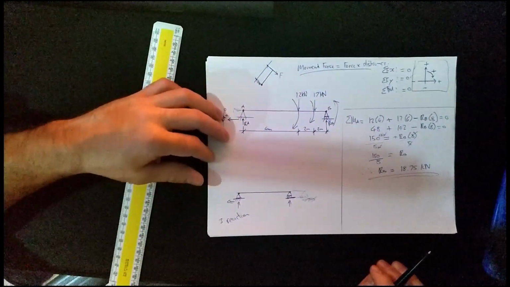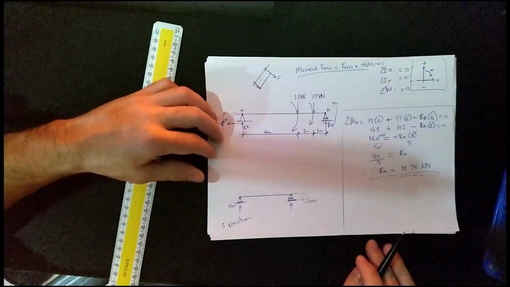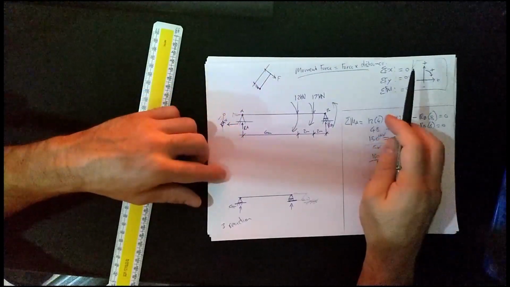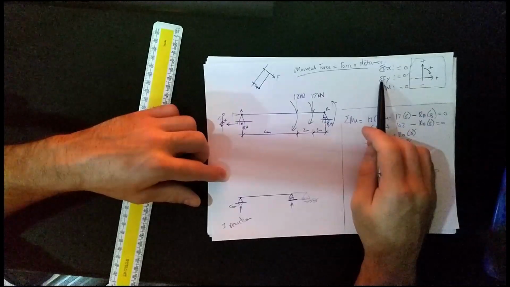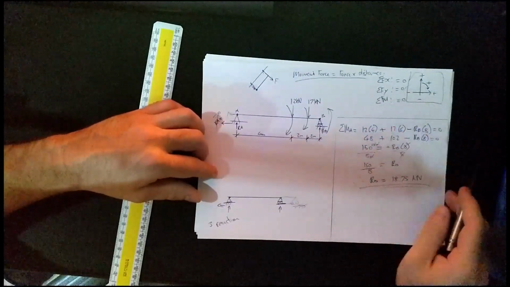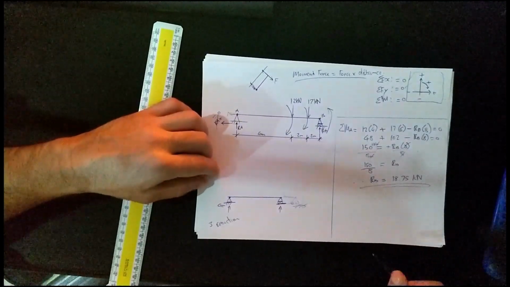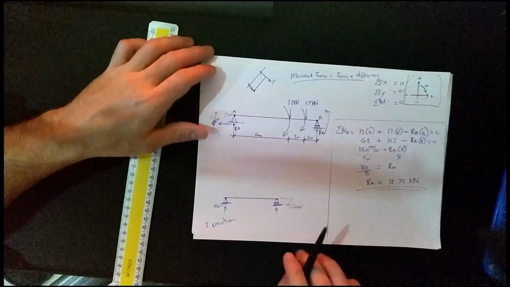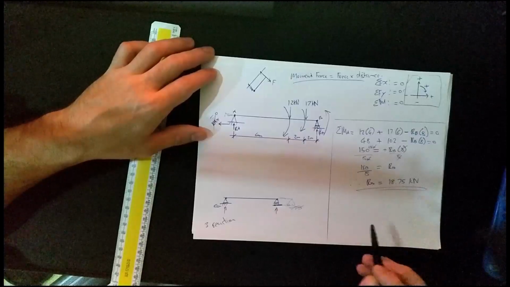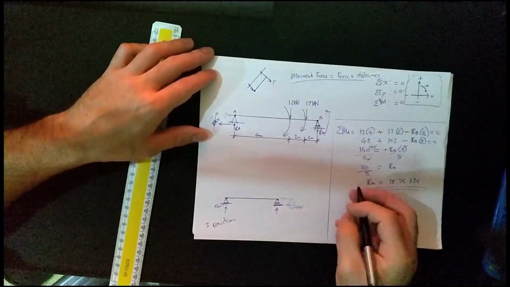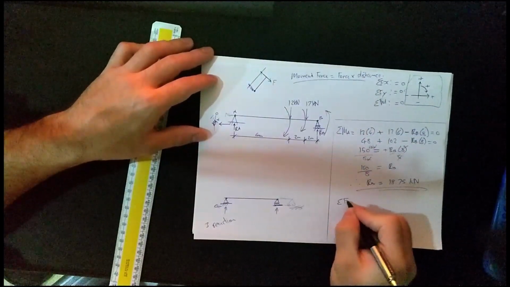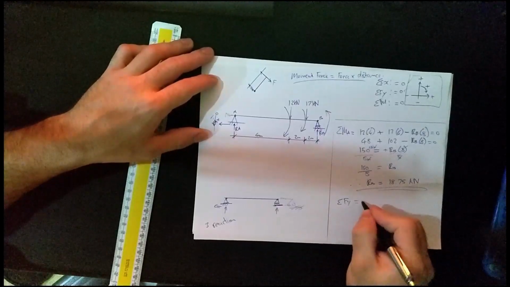So now it becomes even easier because what did I say at the start? Sum of forces in the y direction all equals 0. They must do. That's the laws and the assumptions that we stated. Consequently then, what we're going to do is put that into here. Sum of forces in the y direction equals 0.